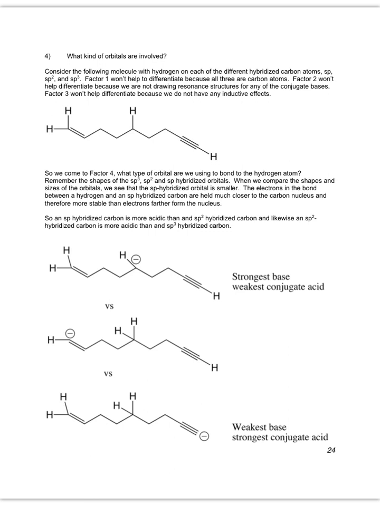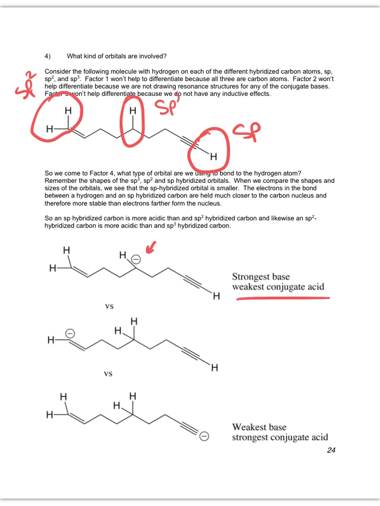The fourth thing is what kind of orbital is involved. Here we have an sp3 hybridized carbon, here we have an sp2 hybridized carbon, and here we have an sp hybridized carbon. And of these three, we said already that the sp3 hybridized carbon is the weakest acid, or the strongest conjugate base of the three.